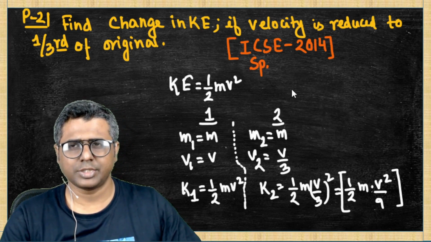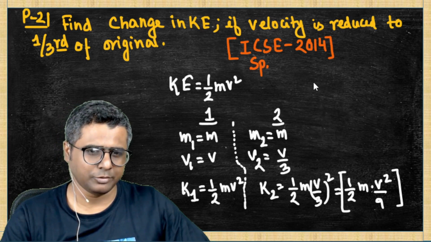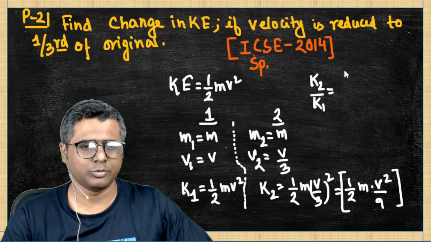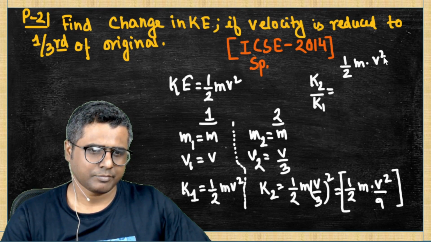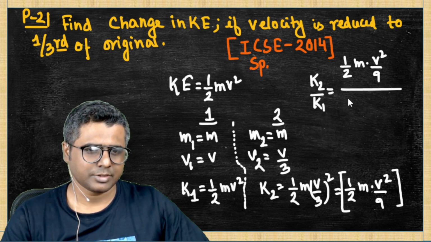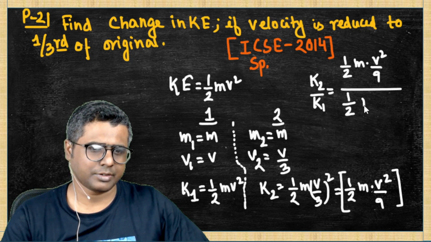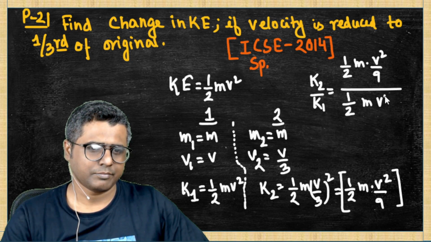Next, it is said what is the change in kinetic energy. So I will write K2 by K1. K2 is half m v square by 9 and K1 is half m v square.